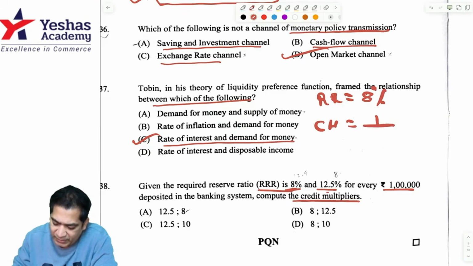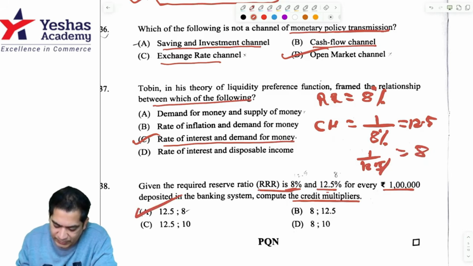So of course, 1 by 8%. What you'll get is 12.5, and when you do 1 by 12.5%, you'll get 8. So that will be the answer.